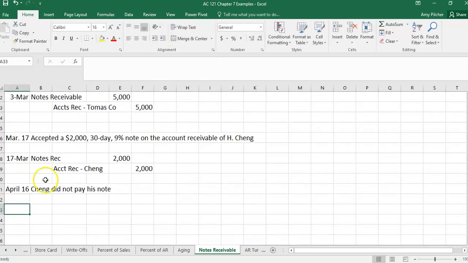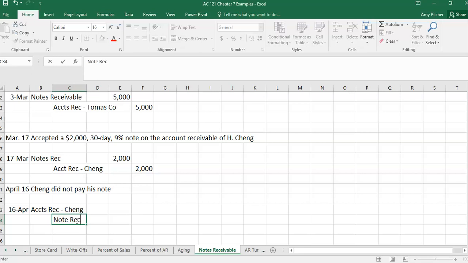On April 16th, this note is due and our customer did not pay it. So when they dishonor their note, we have to restore that accounts receivable, we're going to remove the note receivable, and we're going to add interest.